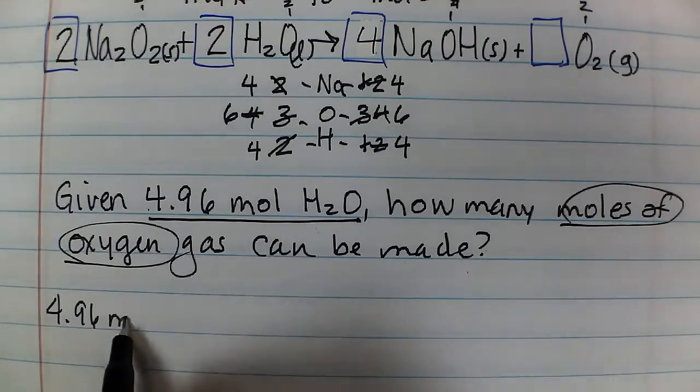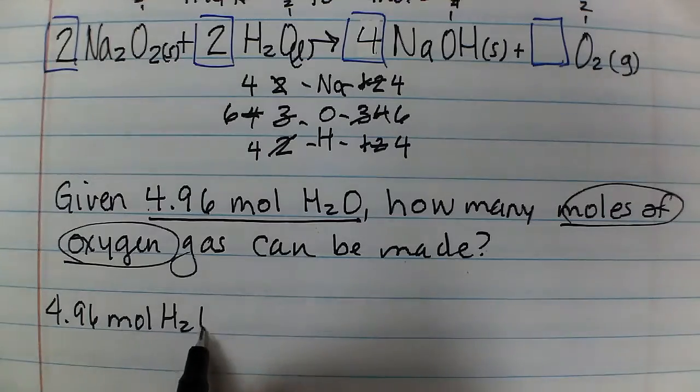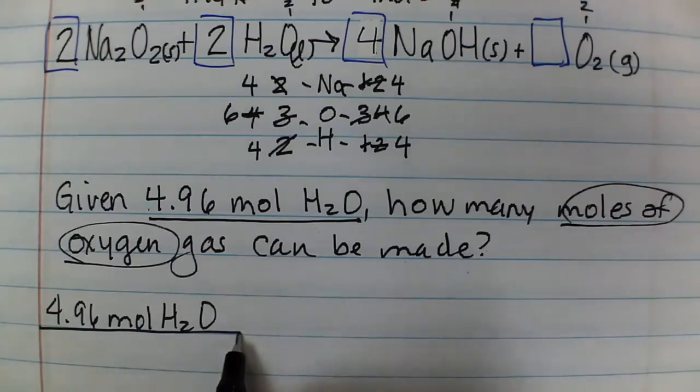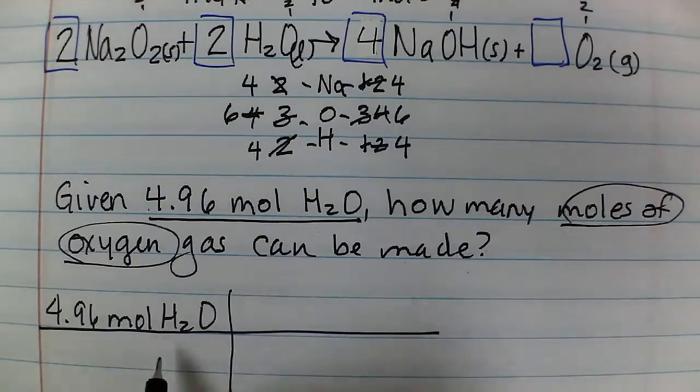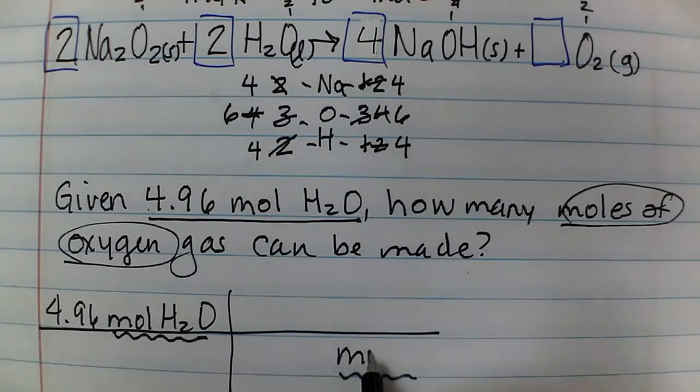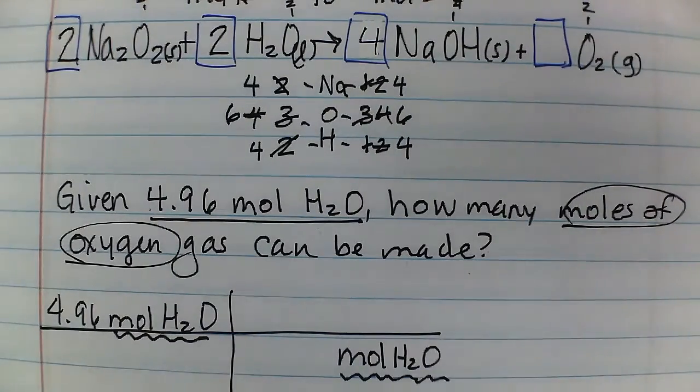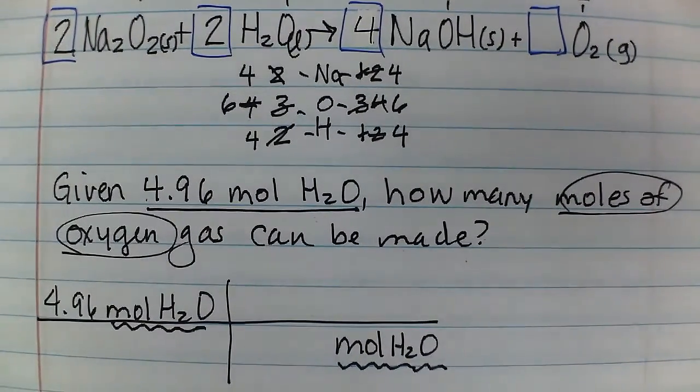So 4.96 mole of H2O, and I'm building a picket fence. I take this label and I put it on the bottom right because I want that label to go away. Remember, that step is always the same.